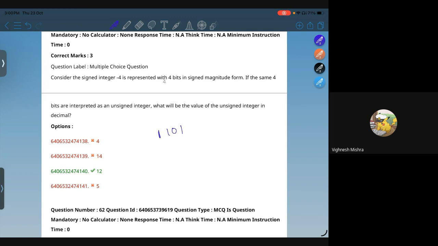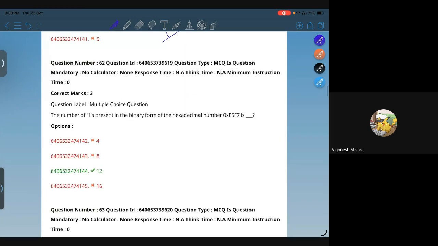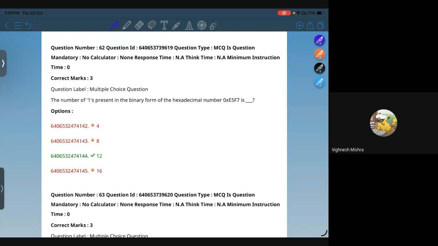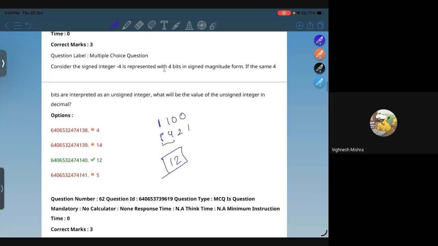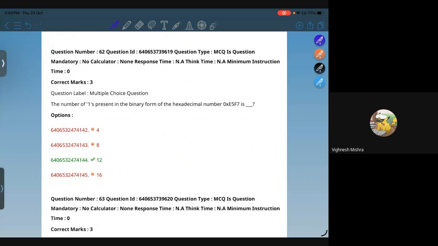If it is unsigned, it will be 8, 4, 2, 1. So 8 and 4, that is 12.